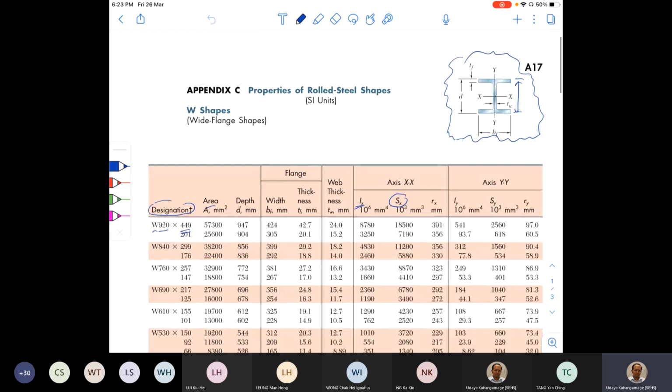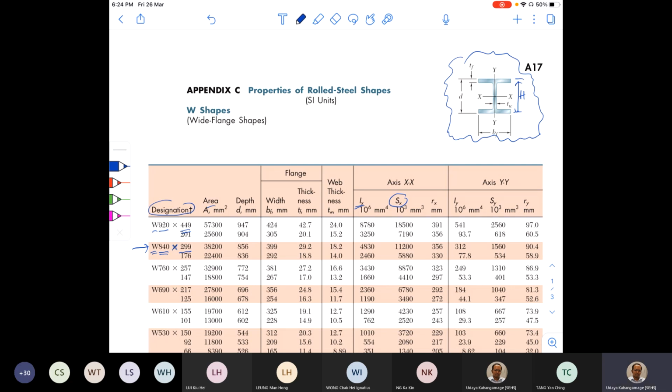That designation has a W sign to indicate it is a wide flange, and then there's a number, 840, which is the height of the member. And it is followed by a cross, it's just a separator. And then another number, 299. This 299 is kilograms per meter. So that means that the cross section with this designation weighs 299 kilograms per meter.